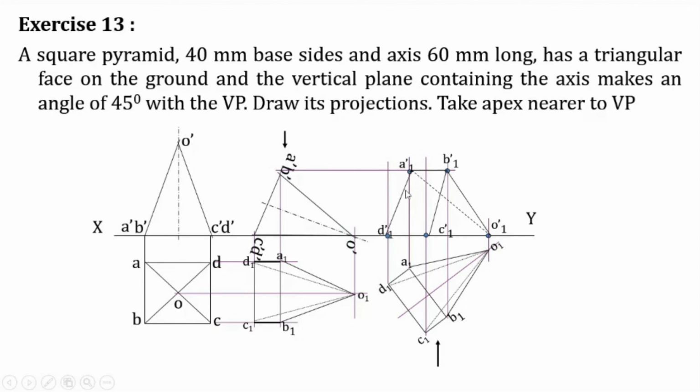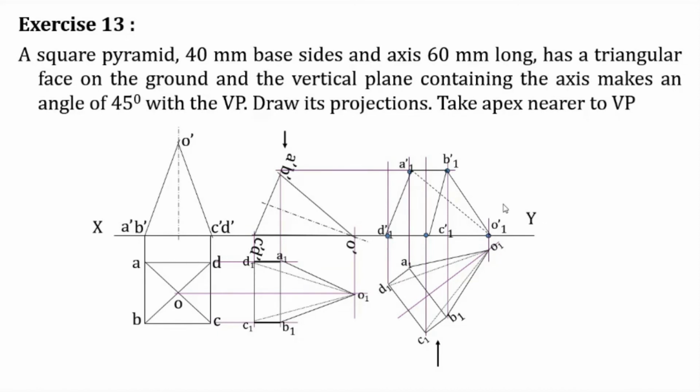Since they are the outermost edges, they should be visible, and the edge from A1 dash to O1 dash will be the only invisible edge in the front view. So there will be two edges in the top view that are invisible, and one edge in the front view that is invisible. This is the condition when a square pyramid is lying on HP, or lying on the ground on one of its triangular faces.